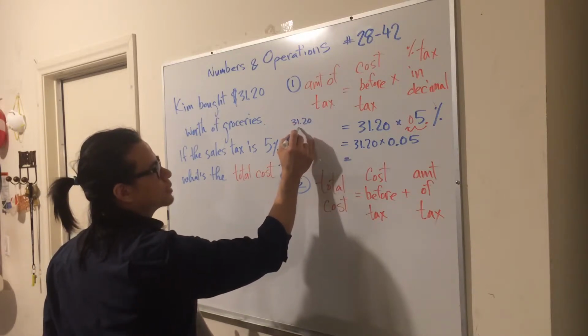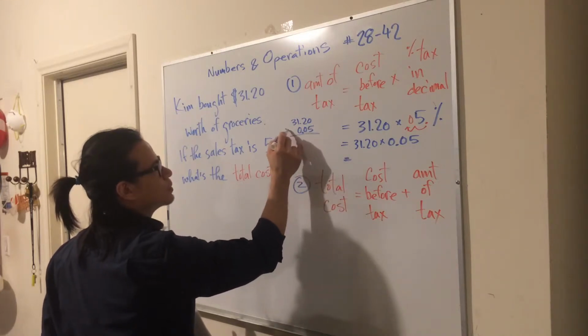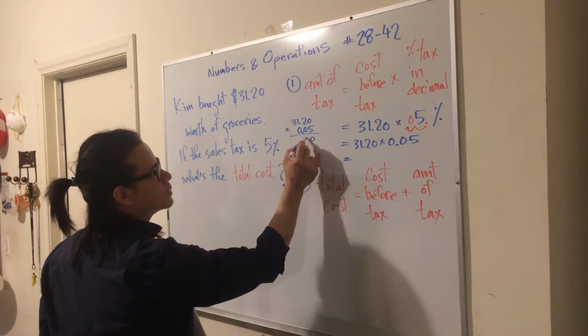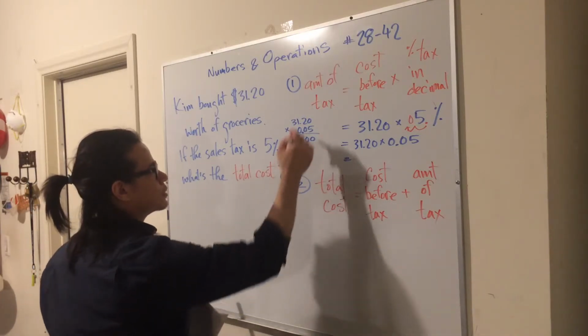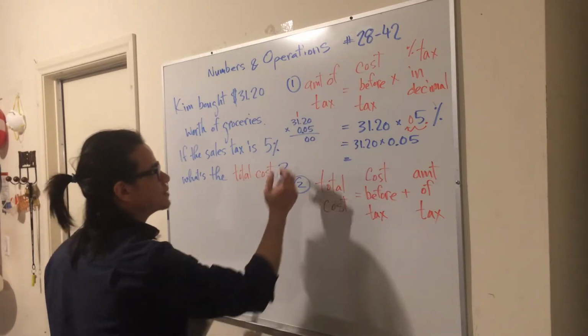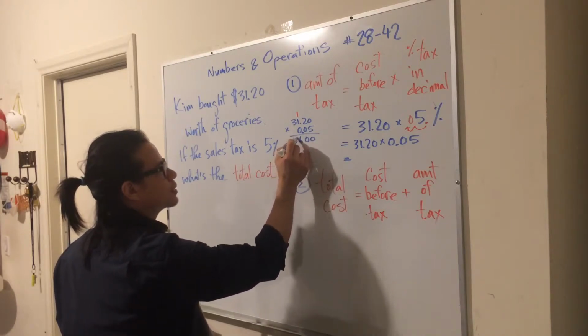3120 times 0.05. Multiply 5 times 0 is 0, 5 times 2 is 10. Carry over the 1. 5 times 1 is 5 plus 1 is 6. 5 times 3 is 15.